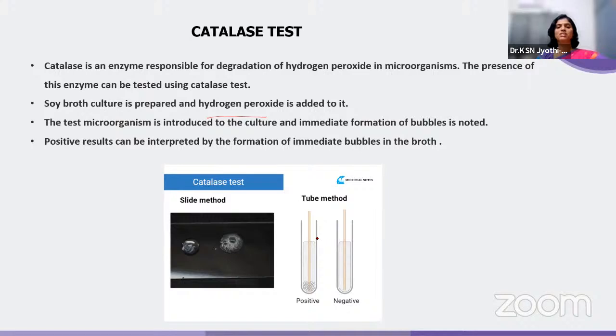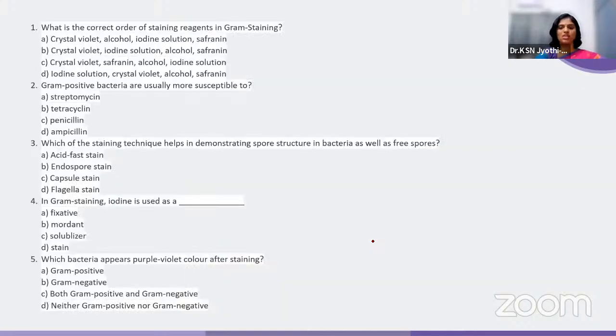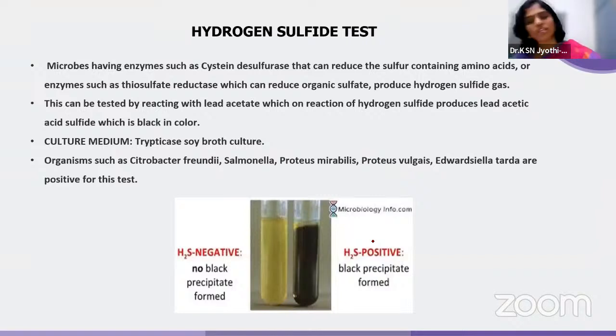In a positive test, when we put in a Durham tube, you will see air bubbles produced if that particular bacteria is able to use hydrogen peroxide and produce oxygen. Whereas in a negative test, the H2O2 is not utilized because they don't have the catalase enzyme, so no bubbles are produced. Similarly, there is the hydrogen sulfide test we saw, same thing, sulfur-containing bacteria can produce this. So these are all different types of tests.